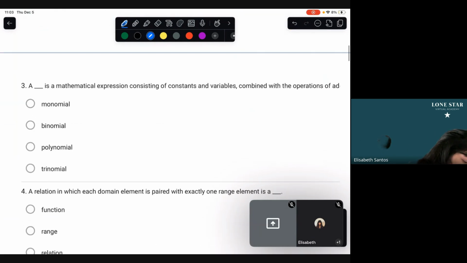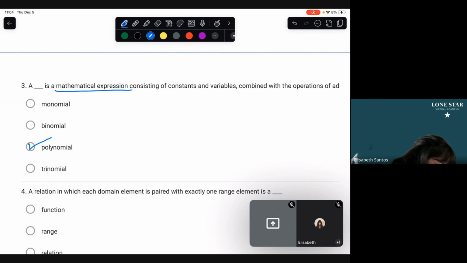Okay, number 3, a blank is a mathematical expression consisting of constants and variables combined with the operations of addition and multiplication. Okay, and that is a polynomial, a mathematical expression.